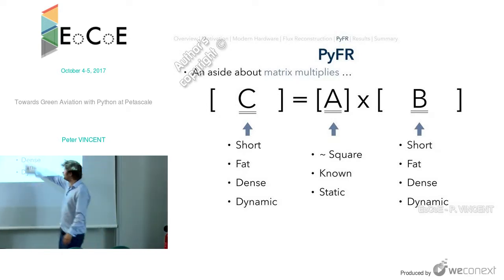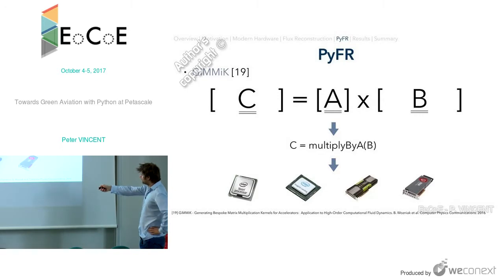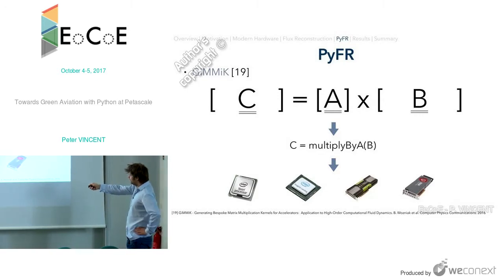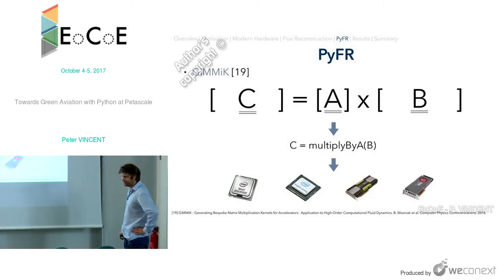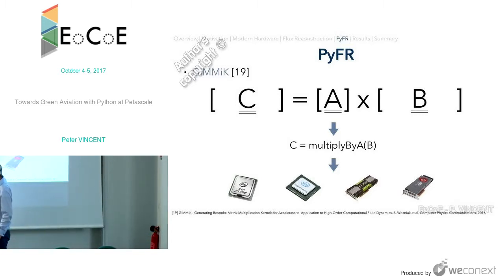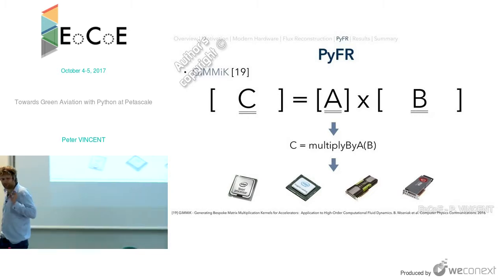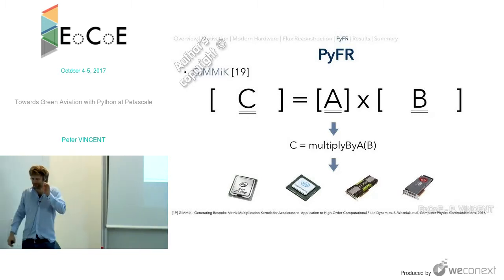You can leverage the fact you know what A is. And you can generate, at runtime, a function called multiply by A that you pass B and it gives you C. And embedded in this function are all the entries of A, expanded in a particular way that make that multiply by A as efficient as possible, leveraging all of the specificity that you know about A.